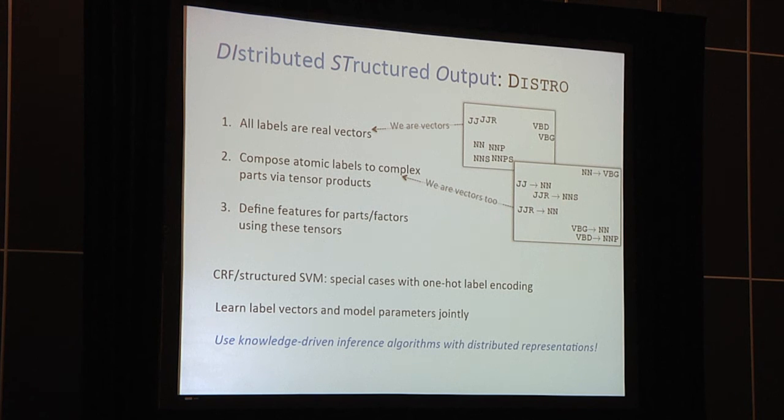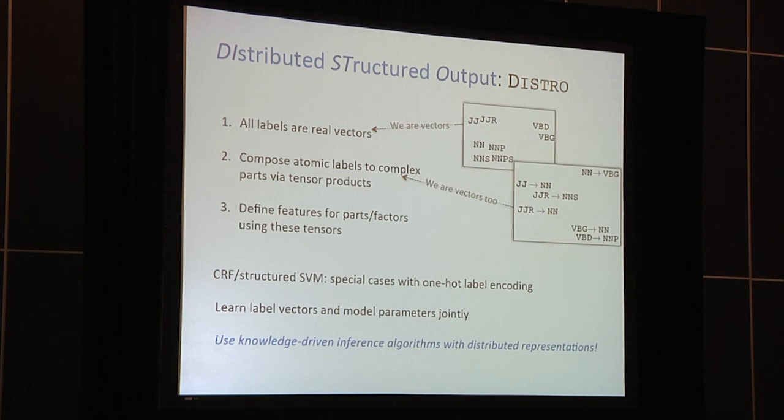The cool thing about this operation is that it also gives us the definition for feature vectors for factors, and now we can use all the fun stuff that we know about factor graphs, such as inference. Another neat observation is that if we truly believe that all these labels are orthogonal to each other, then we can model them using one-hot embeddings, and then our model reduces to standard conditional random fields or structured support vector machines.